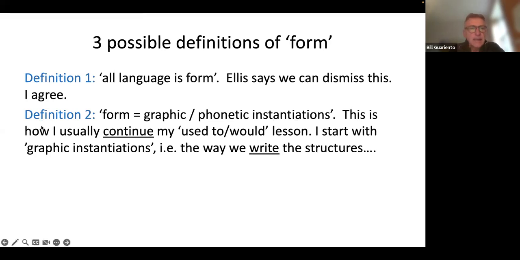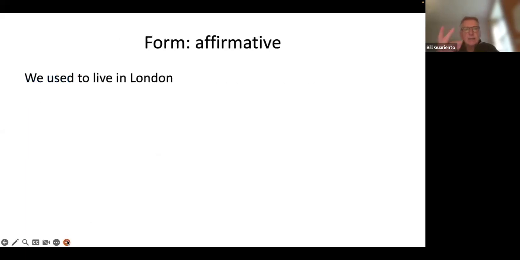And this is the way I usually continue my used to and would lesson. I continue after I teach the meaning. Remember, state versus action verbs. Then I go on to talk about graphic instantiations, that is, the way we write the structures. I'm continuing my lesson from last week.